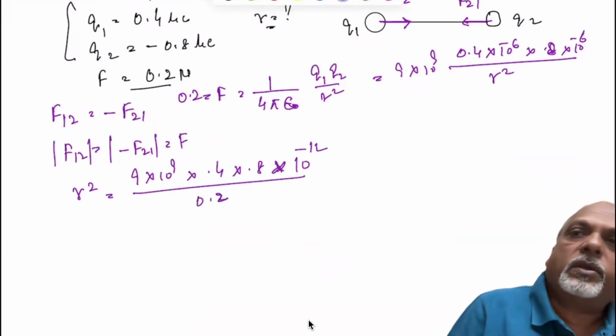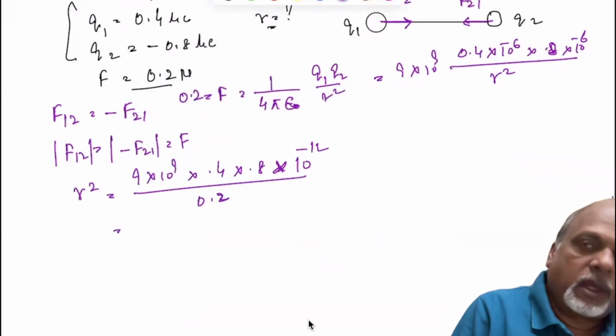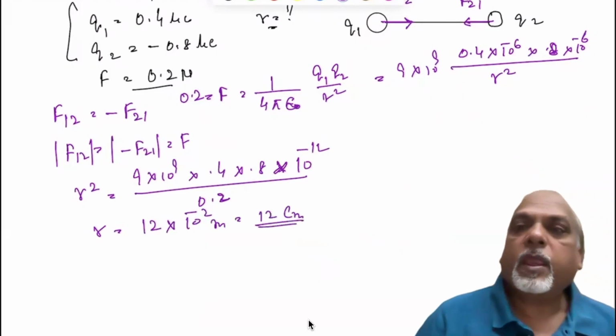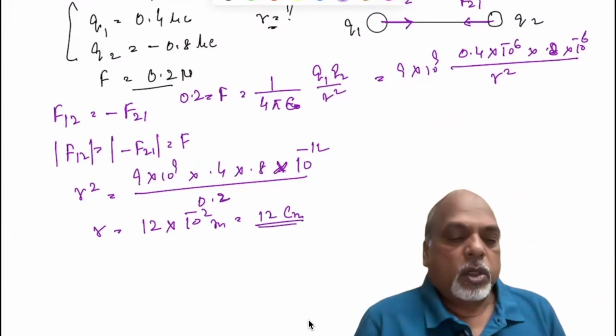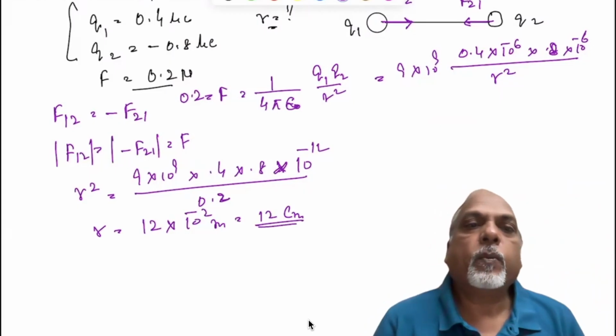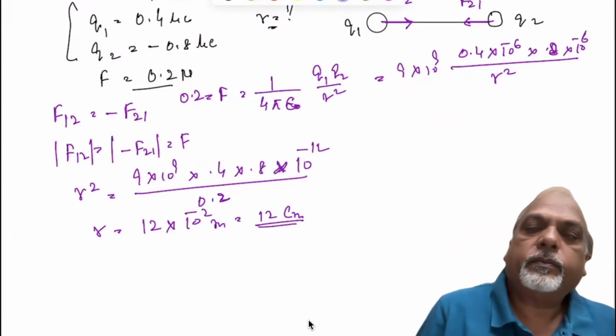If you calculate, R will come as 12 into 10 raised to minus 2 meter. So these spheres are placed 12 centimeter apart. Correct?